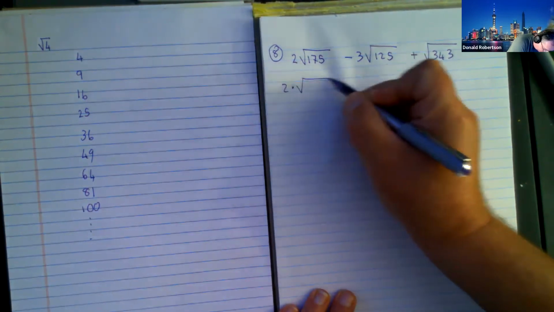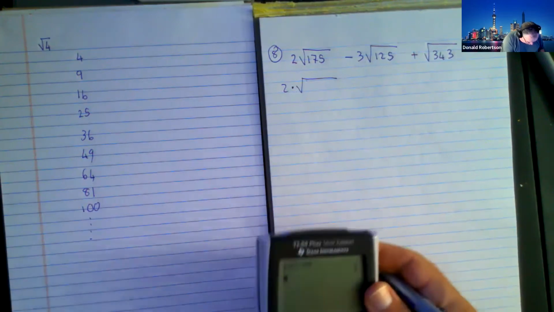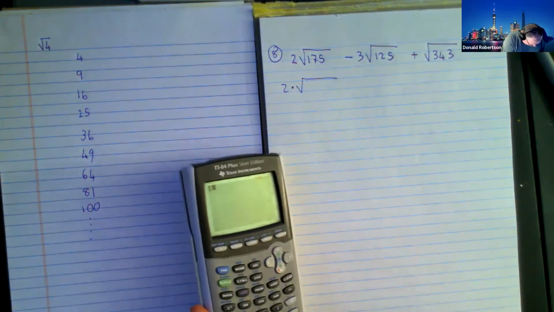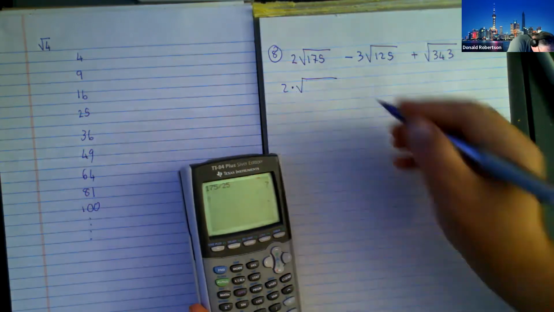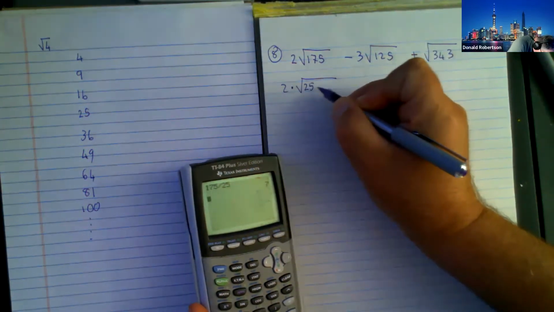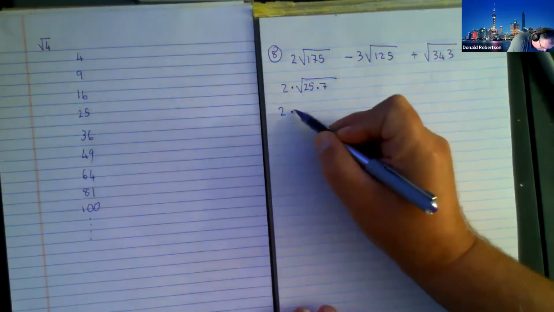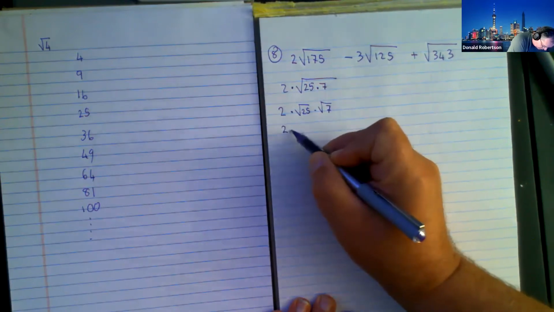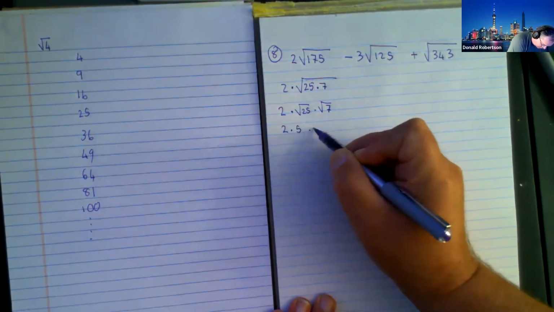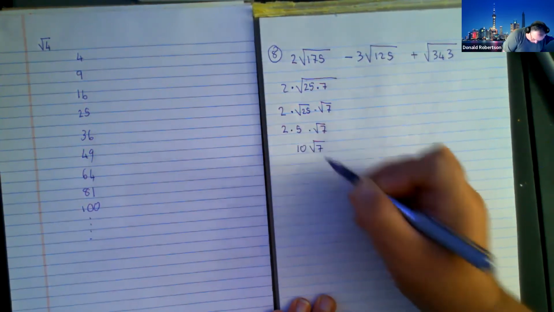The square root of 175, I believe you can do a 25 on that. So let's see, 175 divided by 25, and it works. So I get 25 times 7. So that gets me 2 times square root of 25, square root of 7, 2 times 5 times the square root of 7. So that guy gets me 10 square root of 7's.